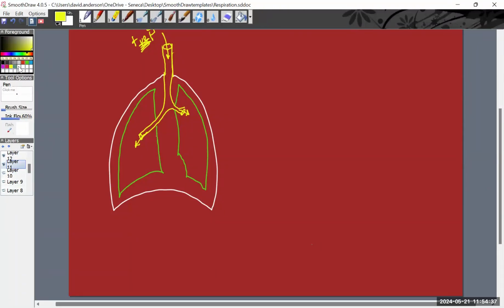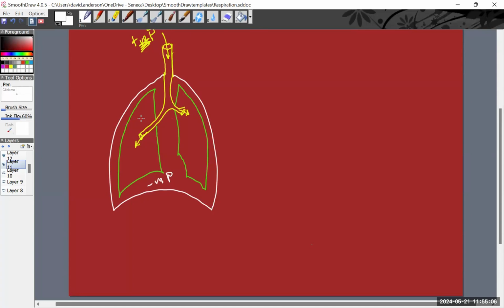So inside the thoracic cavity, it's negative relative to the lungs, which are then positive. Are we okay with that? Does that make sense? Yes. Okay.